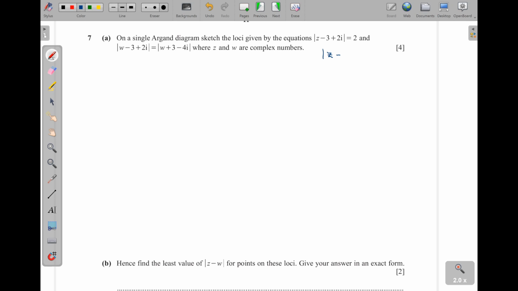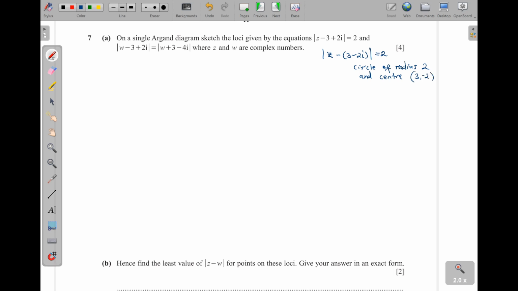So this will be z minus, and then we have 3 minus 2i. Then this one is equal to 2. So this is a circle. This is a circle of radius, the radius is the one that you are having there, of radius 2 and center 3, negative 2.